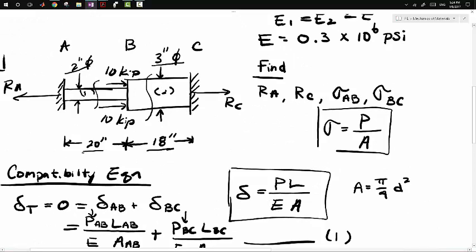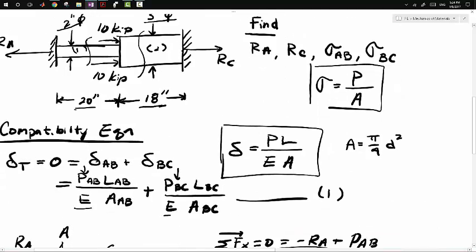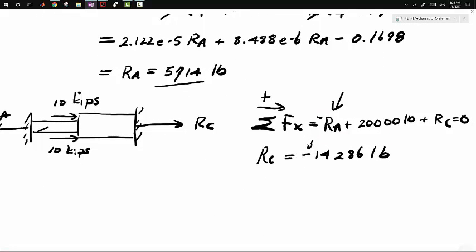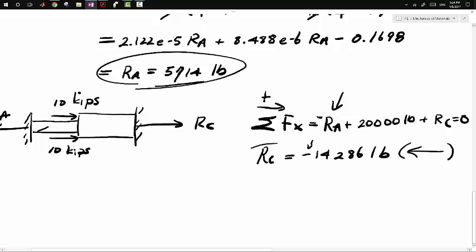So this RC we assumed to be in tension is actually going to be a compressive force. So we had originally assumed that it was going to the right, so now the negative tells us that it's going to the left. So we found RA and RC.